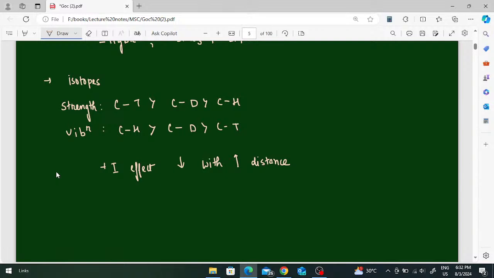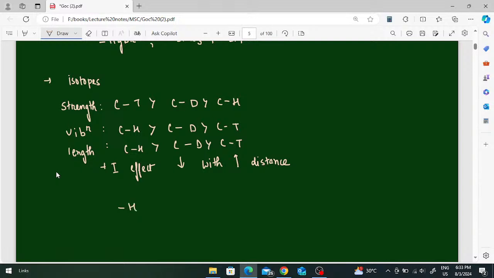Since it reduces with increasing distance, in this case the distance is higher, lengthwise this is higher, so that's why you will have the least plus I effect.